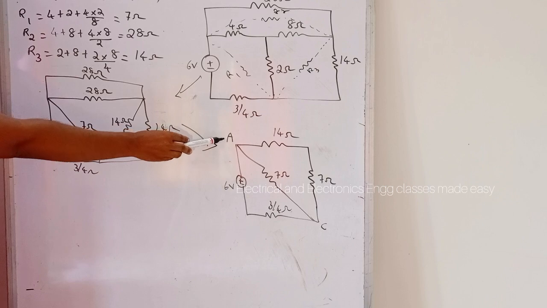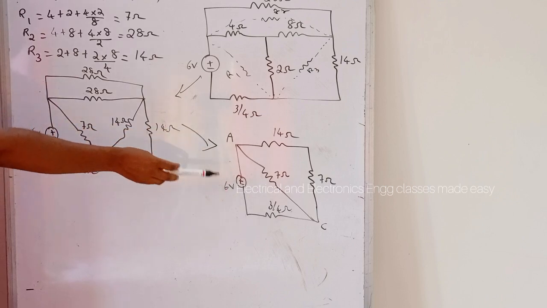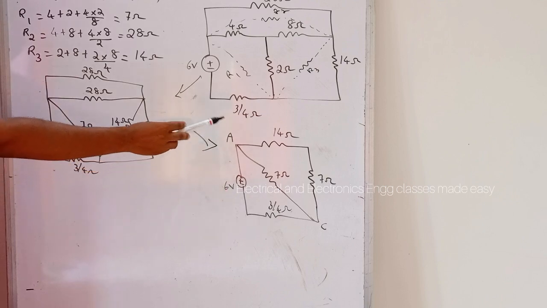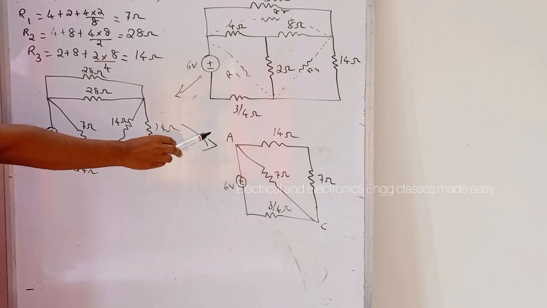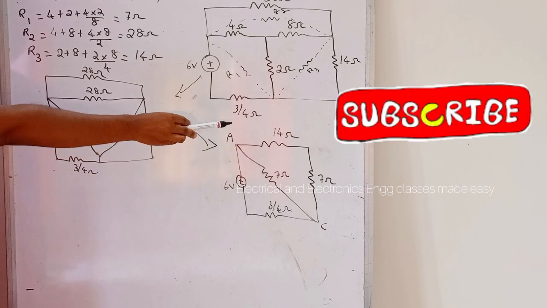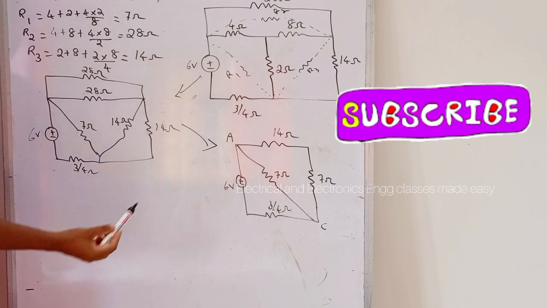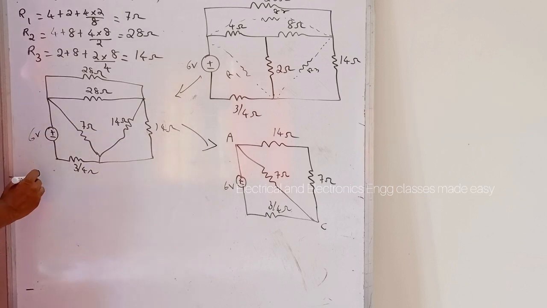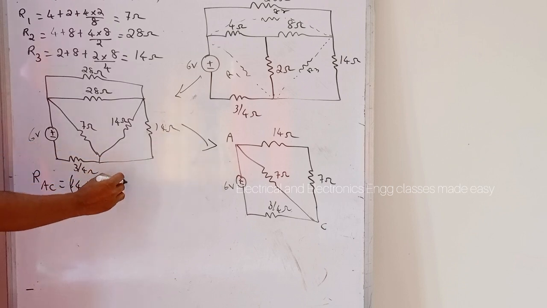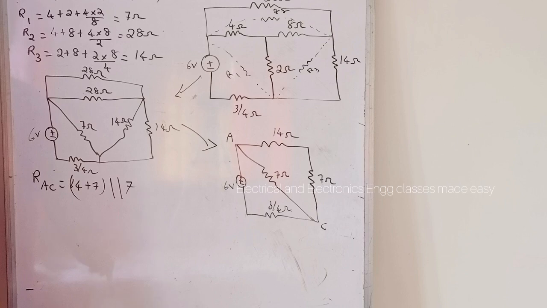Now let A and C be the two points. We have to find the equivalent resistance between A and C. Here 14 ohm and 7 ohm are in series. So RAC is equal to 14 plus 7, which is in parallel with this 7 ohm.